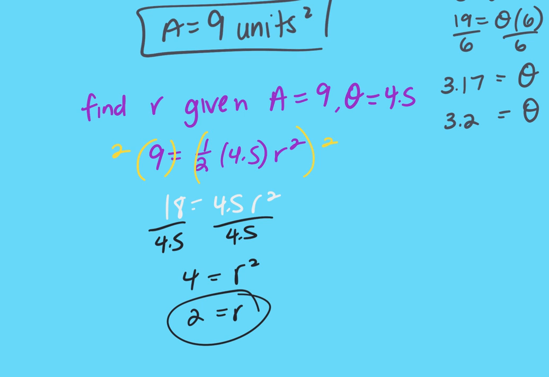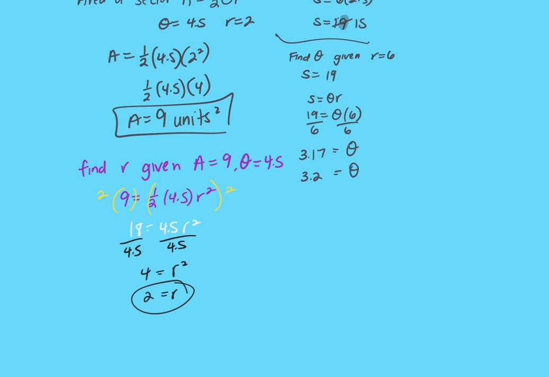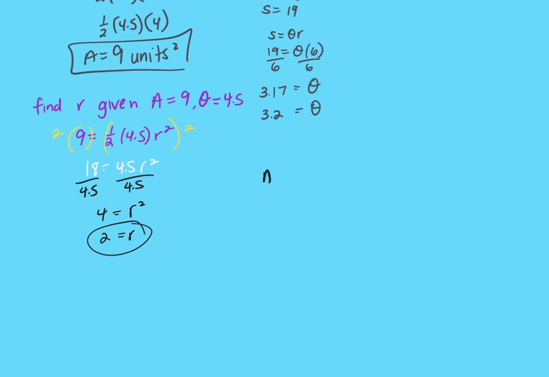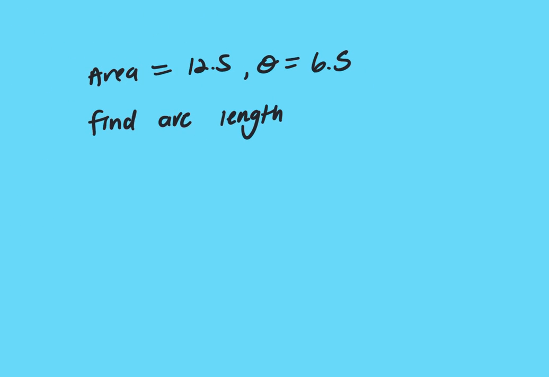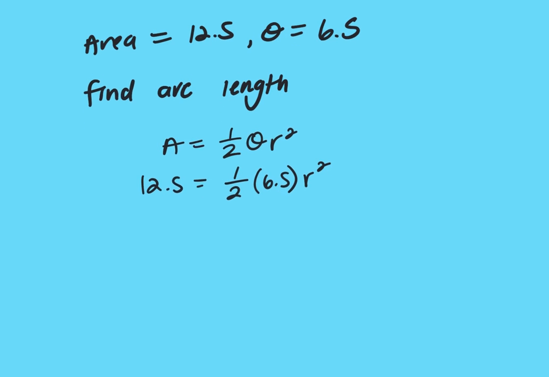Same thing. You might be given information where, let's say I gave you the area and you had to get to the arc length, you could cross these over. So if I said area equals 12.5, theta equals 6.5, find the arc length. How would you do that? I'm going to use the first formula to solve for R. So 12.5 equals 1/2 times 6.5 times R squared.